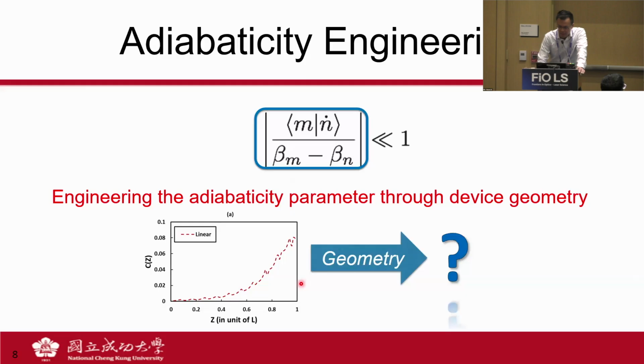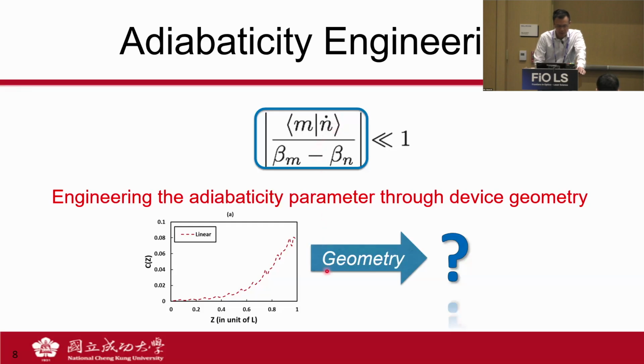So we go back and look at the adiabaticity parameter again. From the definition, we want it to be much less than 1. And we also know that the rate of change of the optical modes is highly dependent on device geometry.